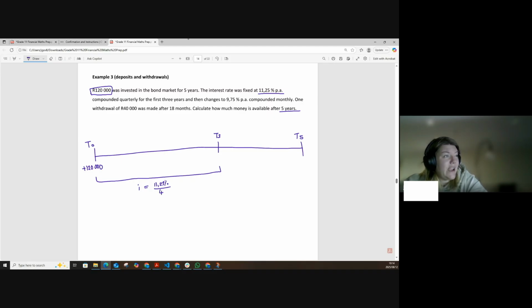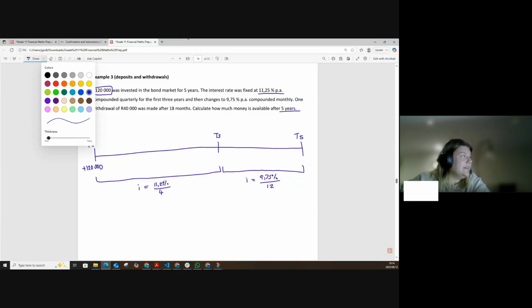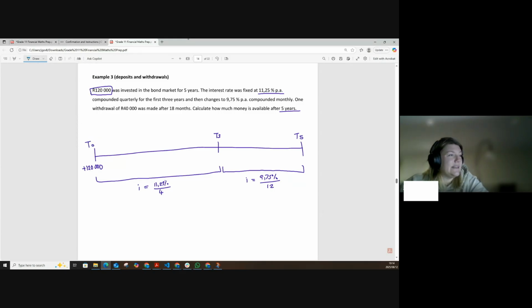And then it changed to 9.75% compounded monthly. Then they've told us that there was a withdrawal of 40,000 Rand that was made after 18 months. So 18 months is 1.5 years.